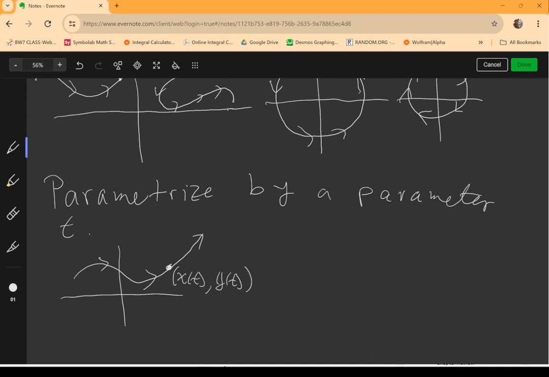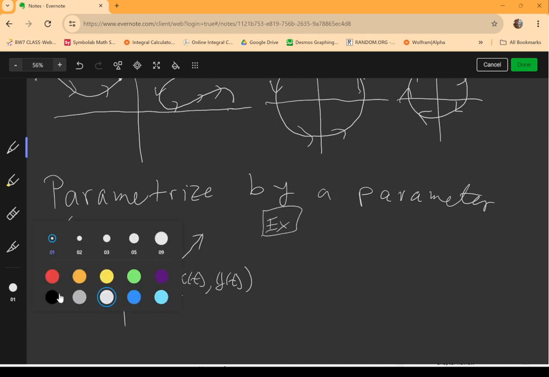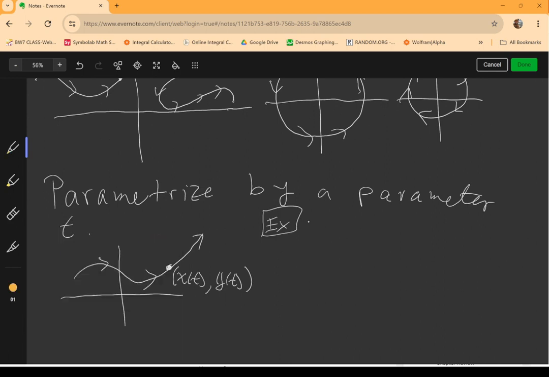All right, now we'll start with a very basic example of how we would do this. For this example, I want to parametrize the curve y equals the square root of x minus 1.